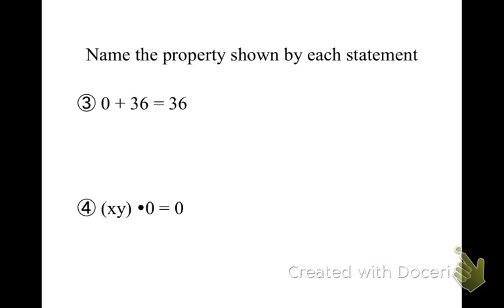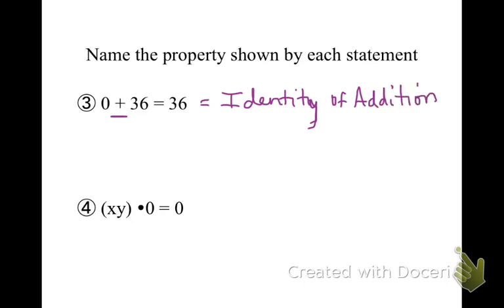Okay, 0 plus 36 is equal to 36. It's a 0, but there's an addition sign, which tells me that this is the identity of addition. Okay, just because you see 0, don't think of the multiplication of 0 property.